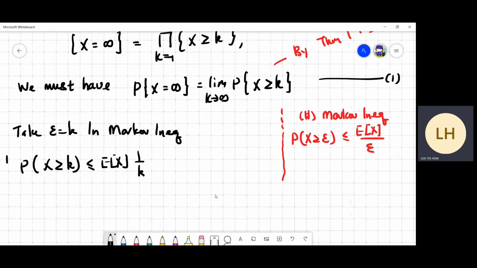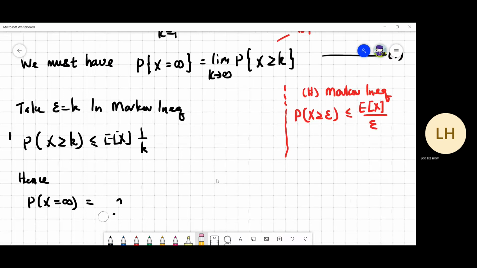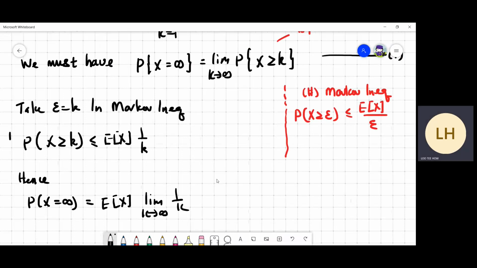By using 1, this is equal to this, right? Hence, we are going to have P of X equals infinity is equal to the limit of k to infinity of E of X times 1 over k, by statement 1 and statement 2. So this is statement 2, so maybe I should say by using 1 and 2 here. Now the crucial one will be this: what is our E of X here?